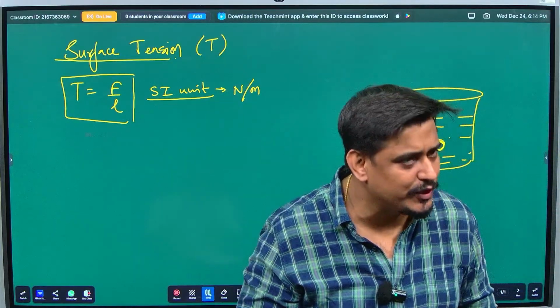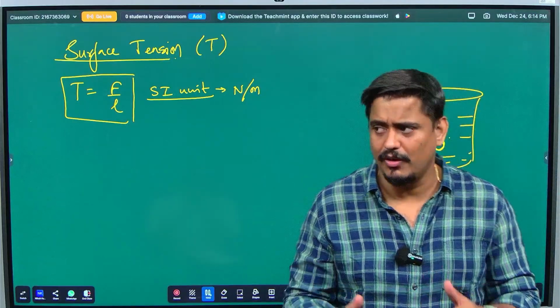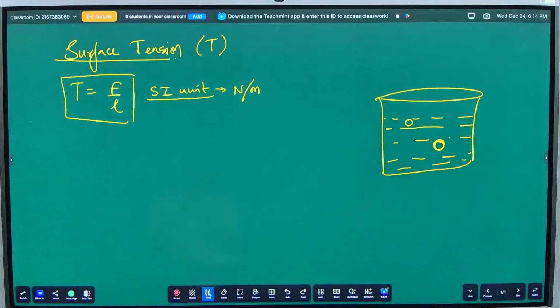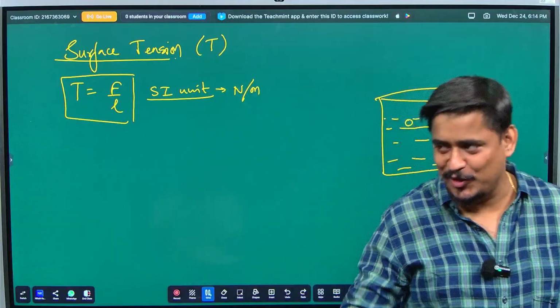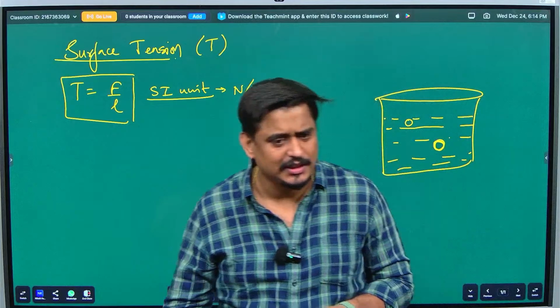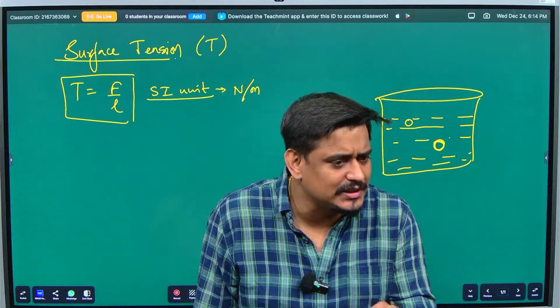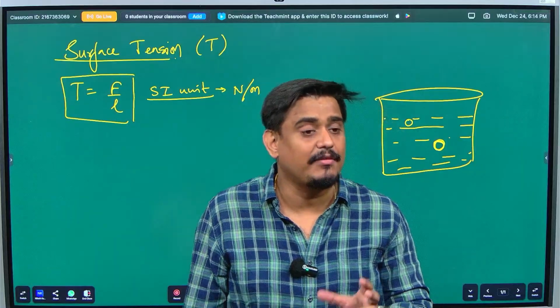What is the meaning of sphere of influence? Whether solid, liquid or gaseous state, there is an intermolecular force of attraction. Every molecule inside matter will have a force of attraction.